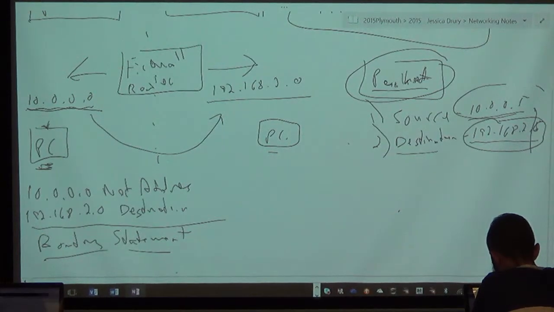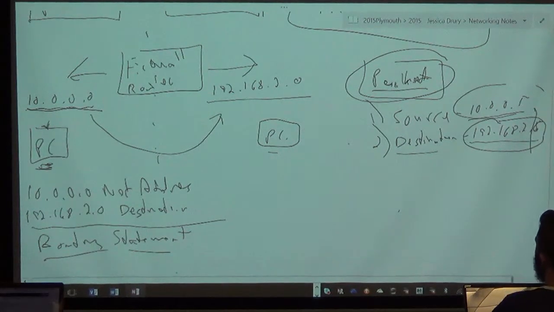Now, all of those of you who are already typing probably already have it in your notes, but you need to actually focus on it and think about it. If that computer does not have a routing statement that tells it to go to a different interface or a different destination, then it's going to send it to its gateway, as someone over here already said.